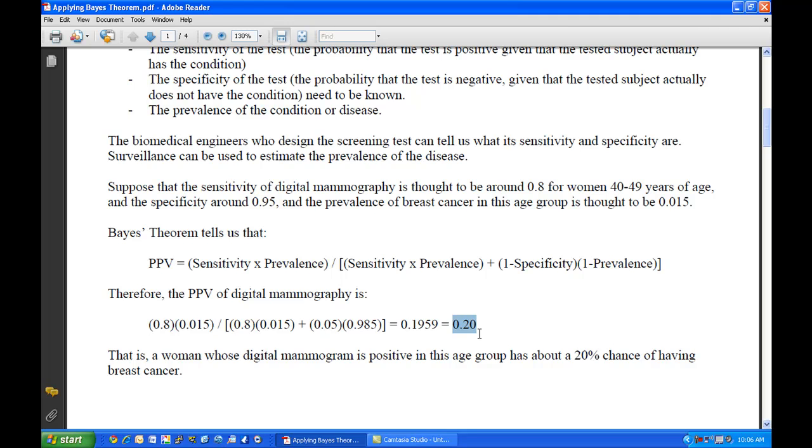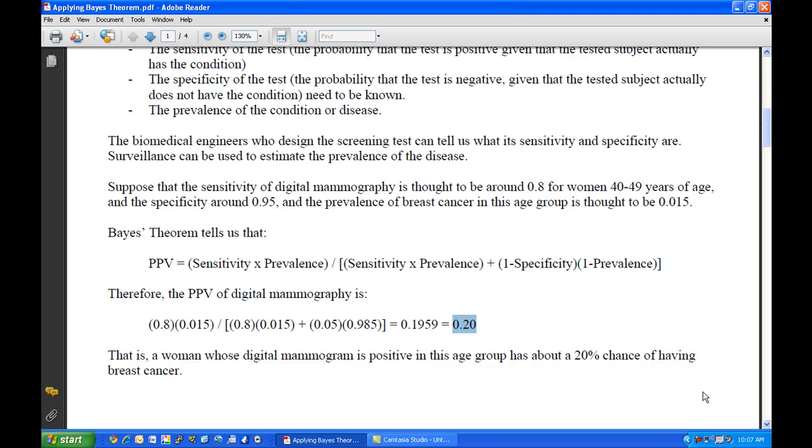What does that mean? That means that a woman whose digital mammogram is positive in the age group that we're considering has actually about a 20% chance of actually having breast cancer. All right, so that's obviously a very important number from a patient's perspective.